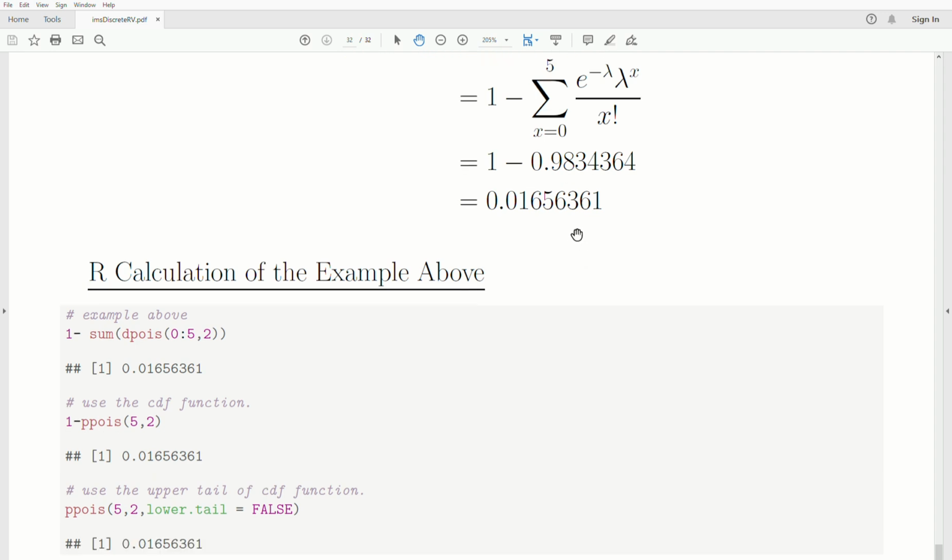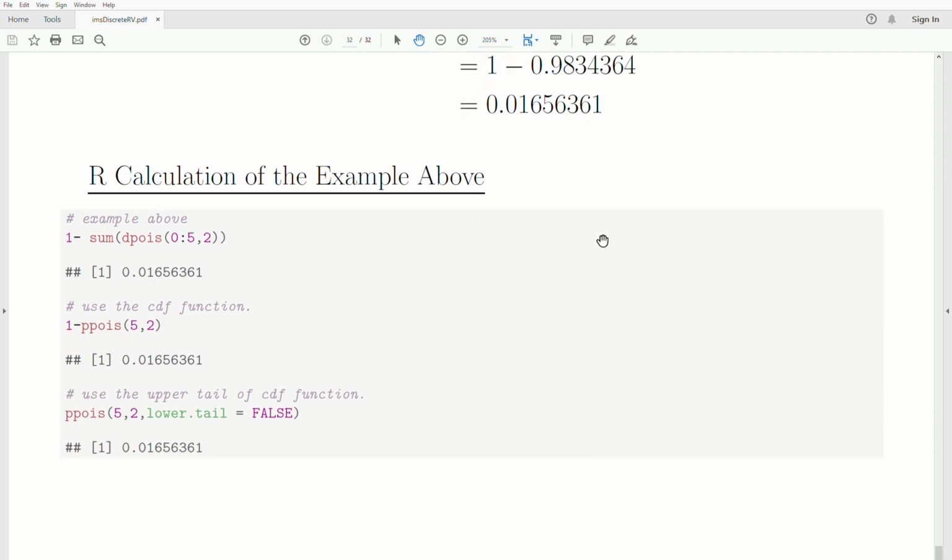Now let's do these calculations in R 3 different ways. One, we're going to use the density of a Poisson distribution. We're going to find the density for values 0 through 5. Lambda parameter is 2. We want to add those up, take 1 minus it, and we get the same value.